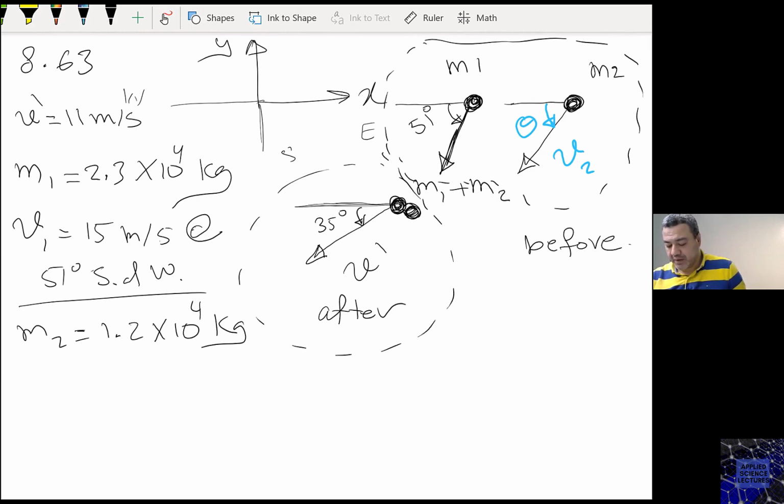So my x is the projection. I will do the x components with the blue. This is my x component, and this one is v prime cosine 35 degrees.